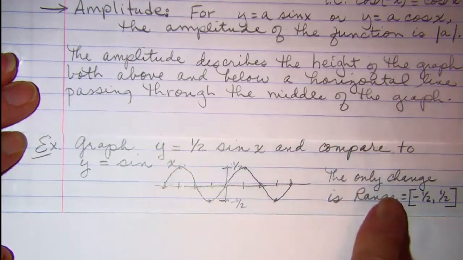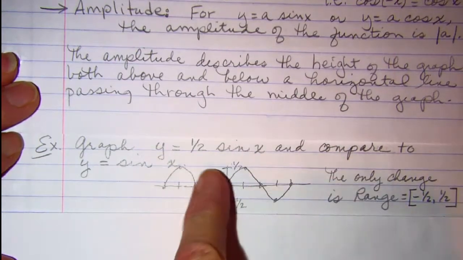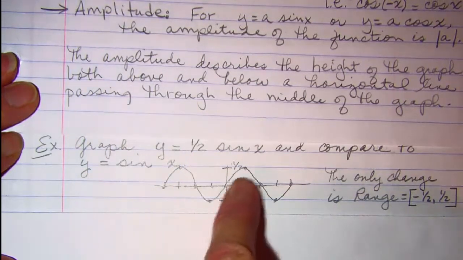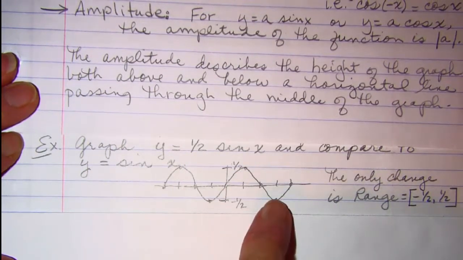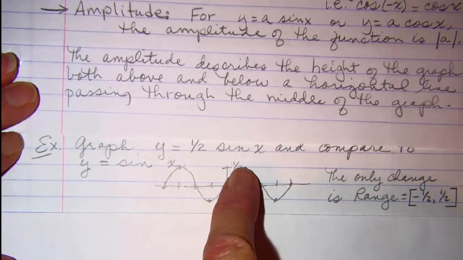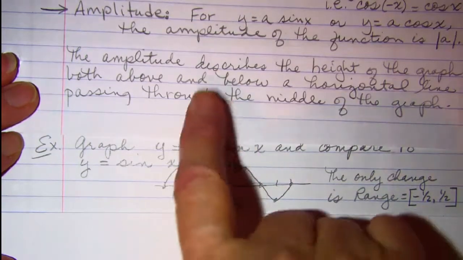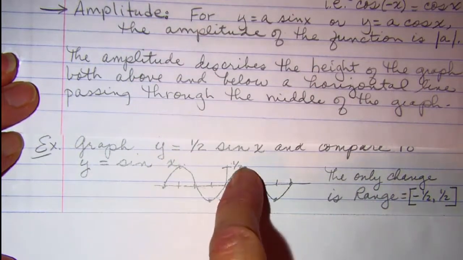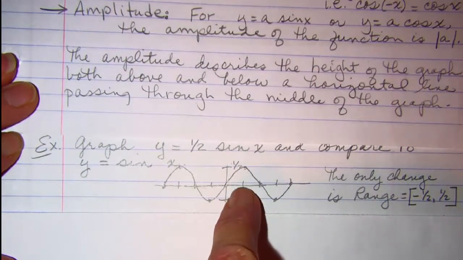So the only change is that when I graph the 1/2 sine x, my maximum and my minimum are going to be at 1/2, because the amplitude is how far up from the center line you go, and then how far down from the center line.